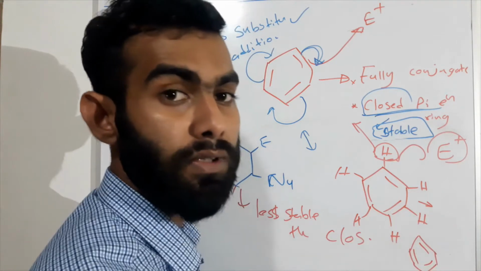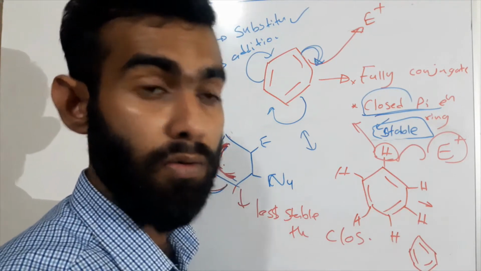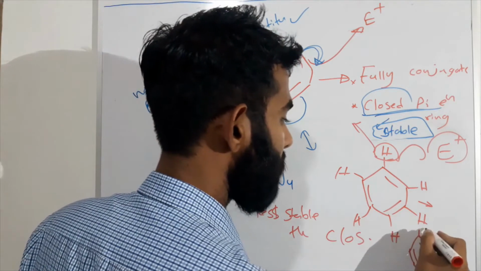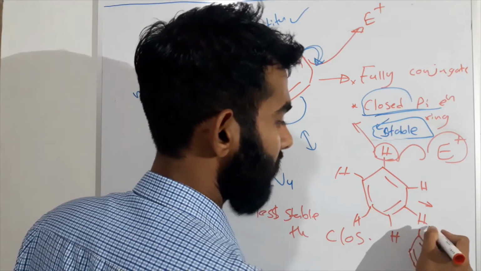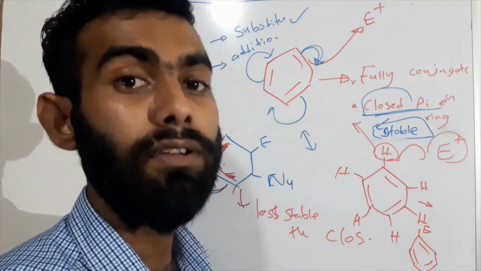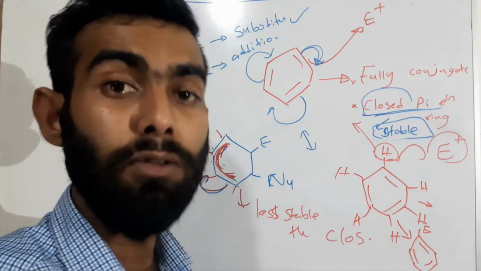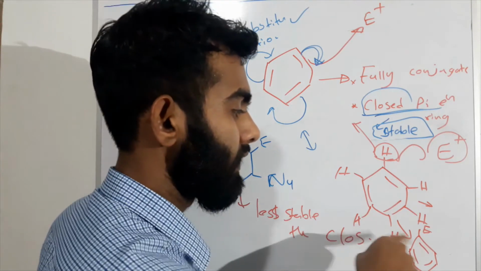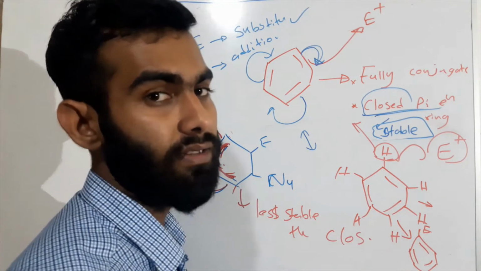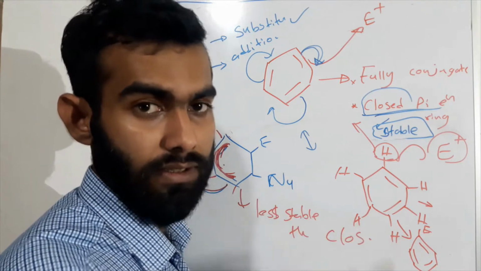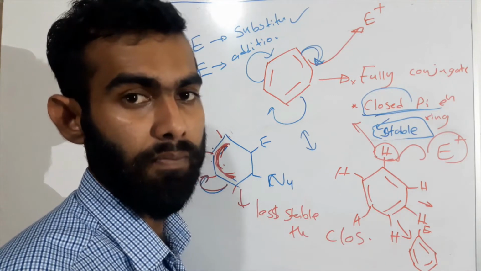Nothing will happen to this closed pi-electron ring. Instead, the electrophile is substituted in place of hydrogen. That's the product of electrophilic substitution reaction. So electrophilic substitution does not much affect the stability of benzene.